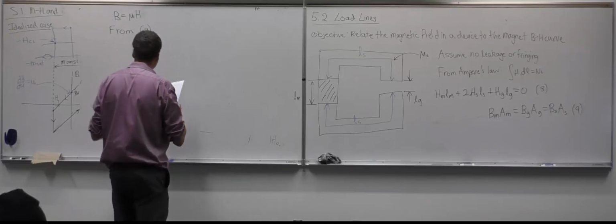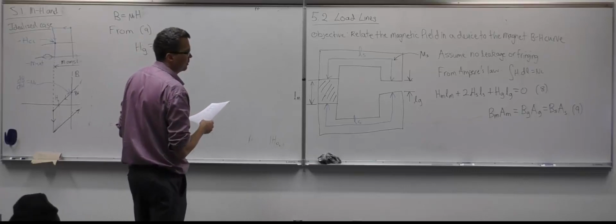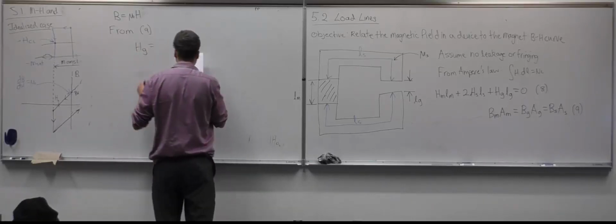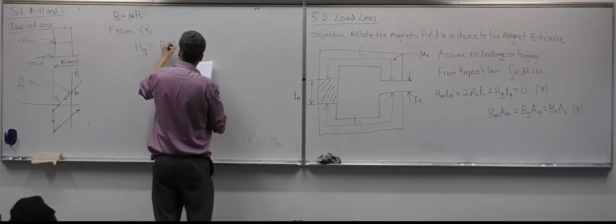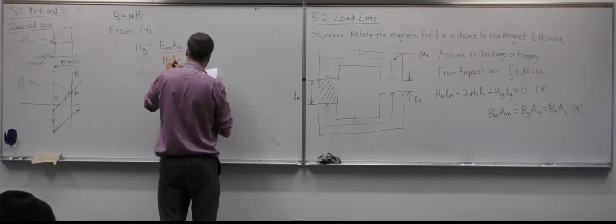and write that Hg, if we put the Ag on the denominator, we've got Hg is equal to Bm Am divided by mu naught Ag.